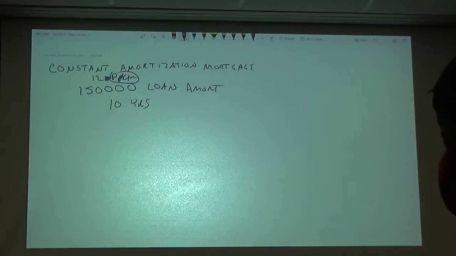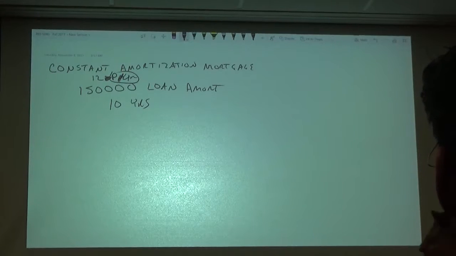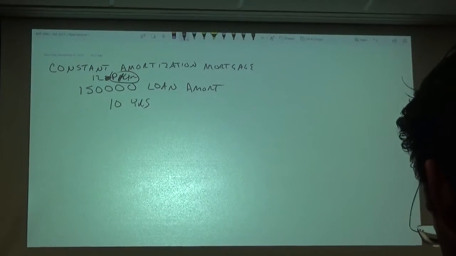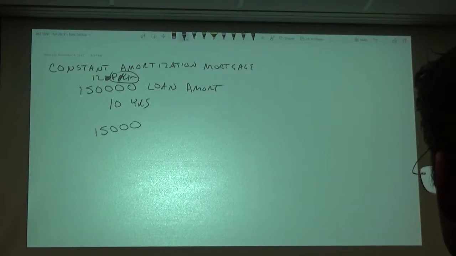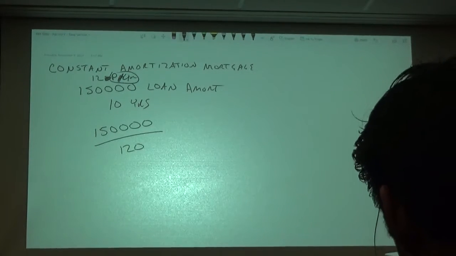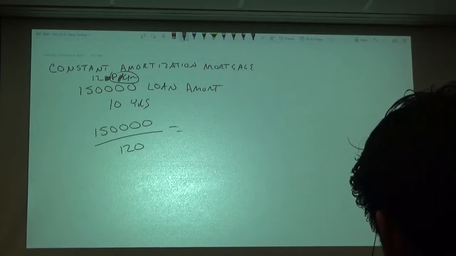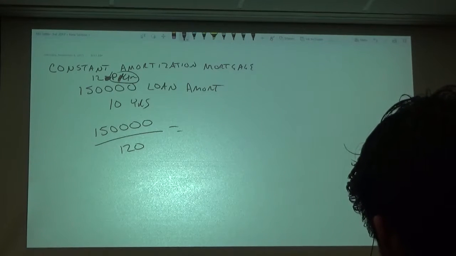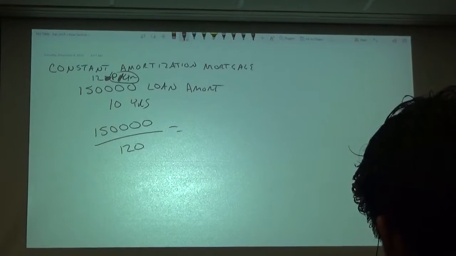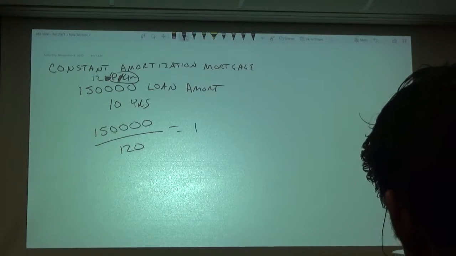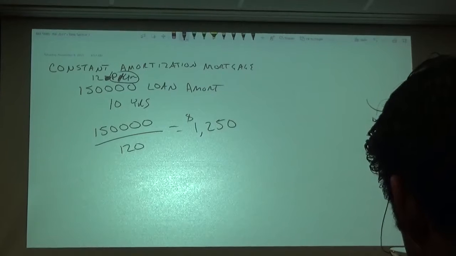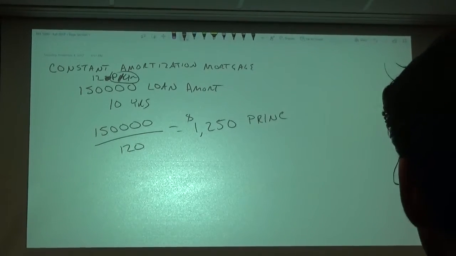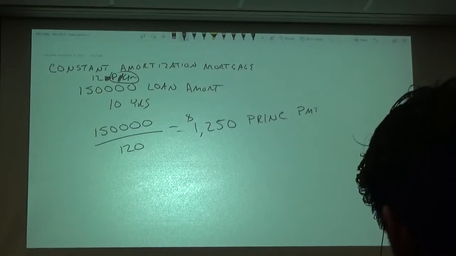Okay, so what you're going to do is take the 150,000 divided by 120. There's 120 months. So 150,000 divided by 120. So $1,250 per month is going to be my principal payment.